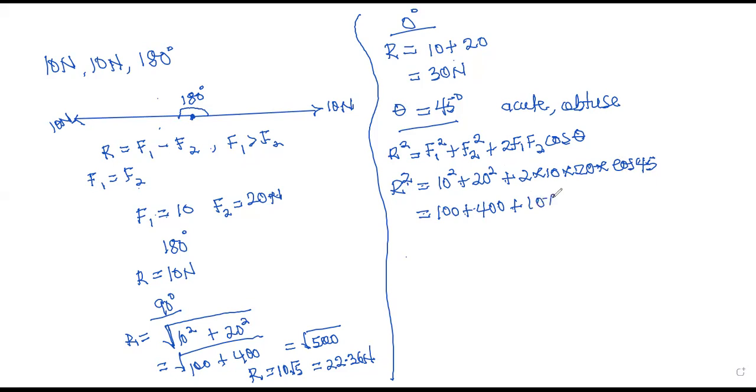So 10 times 20 times root 2, the 2 will cancel the other 2. Okay, so 500 plus 200 times root 2.